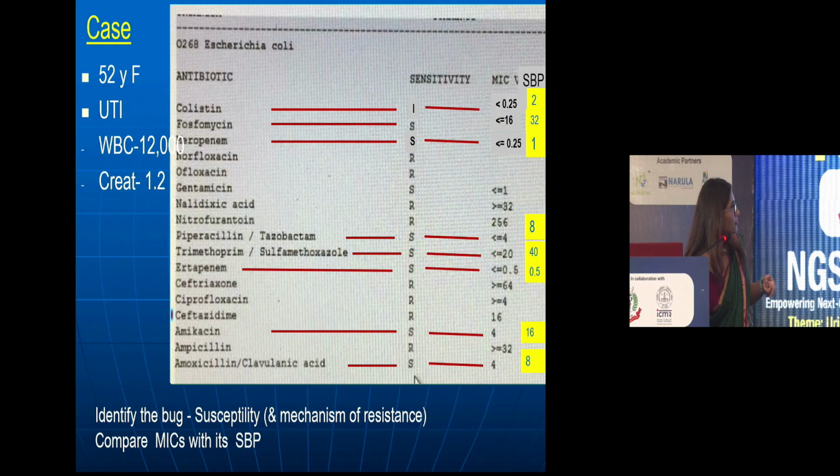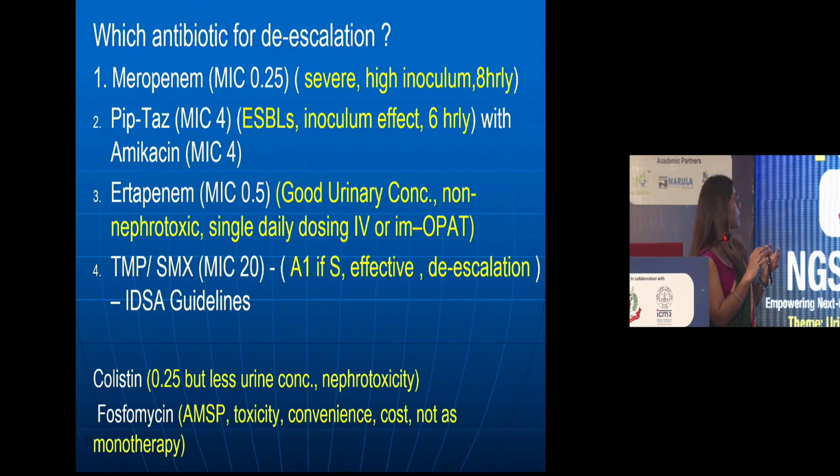So, even if the TMP-SMX is 20, the susceptibility breakpoint is 40 and it is much lower. Similarly, if we look at the ertapenem MIC, which is 0.5, the susceptibility breakpoint is 0.5, so it is going to work.